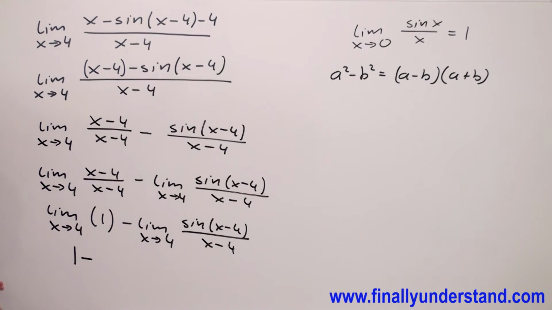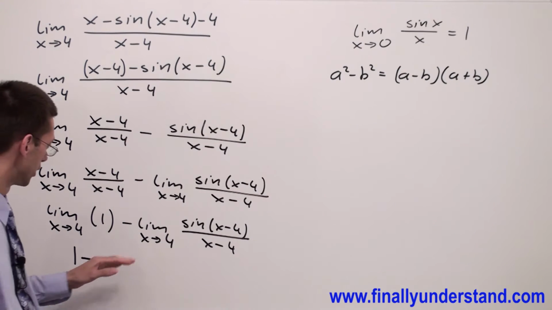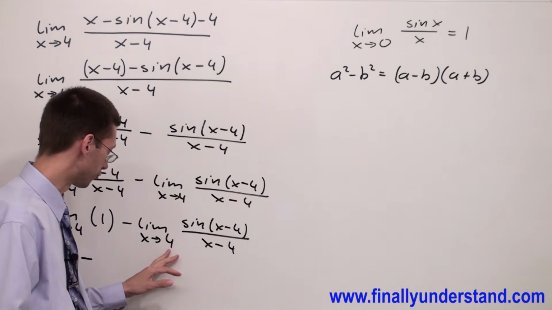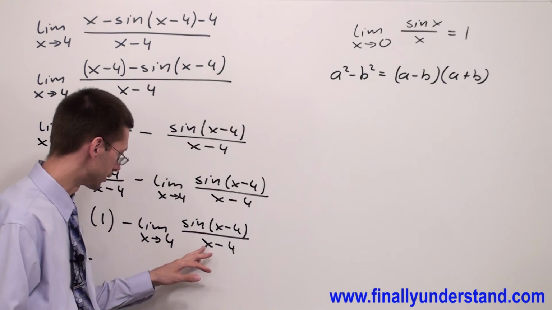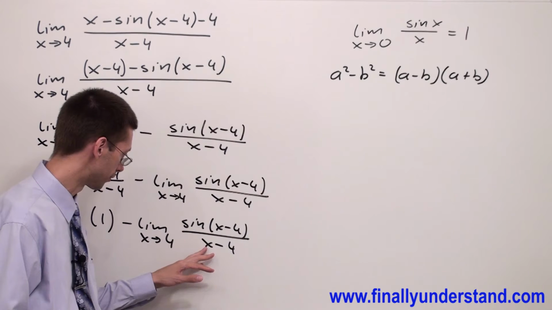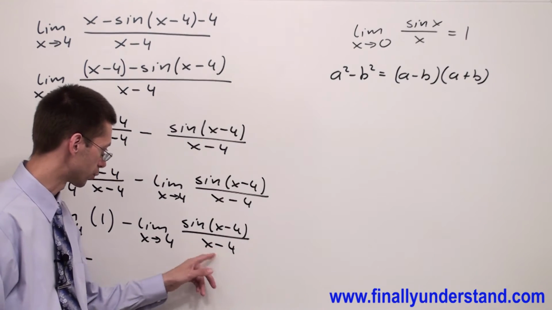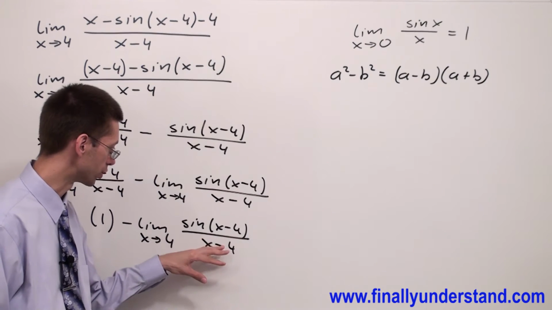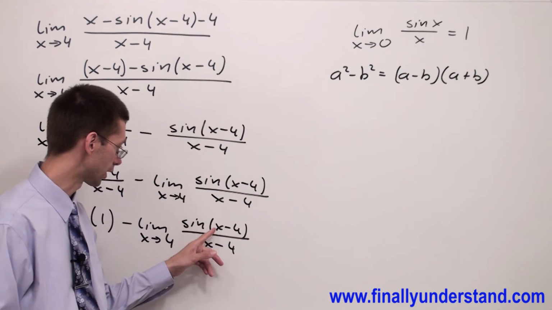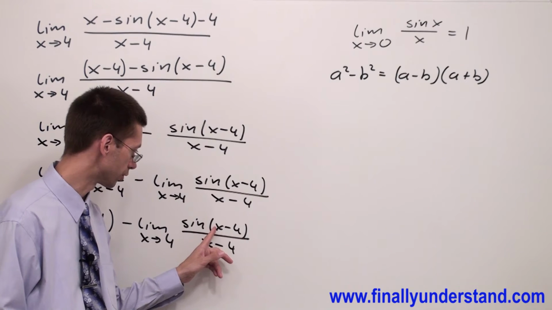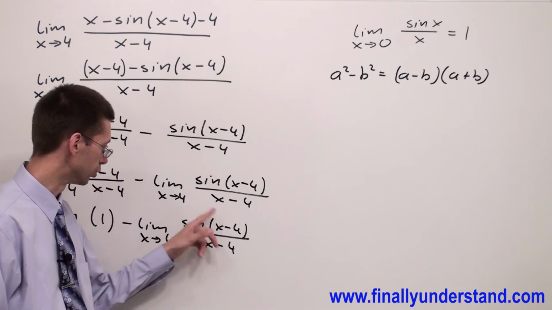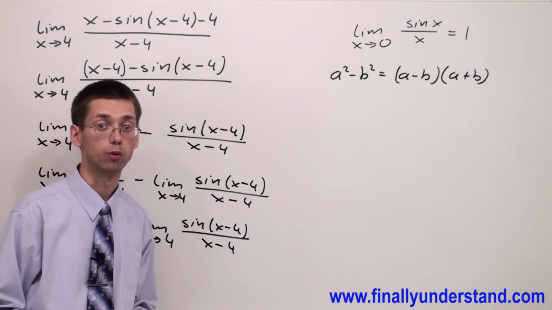Minus, and let's take a look at what we have over here. We have the limit with x approaching 4, and in the denominator I have x minus 4, which is going to approach 0, and the numerator also has x minus 4, which is approaching 0.